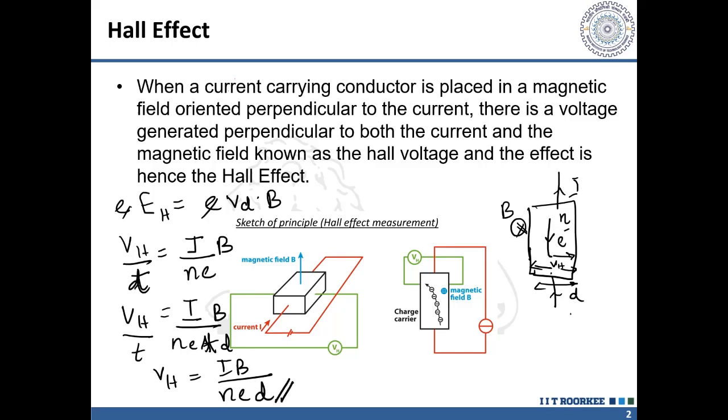Basically VH, the Hall voltage, can be given as a function of the transverse current, the current that flows through the conductor initially, the magnetic field applied, the carrier charge density, the charge value, and the thickness of the slab. Thickness is this thing, sorry. Yeah, the thickness of the slab.